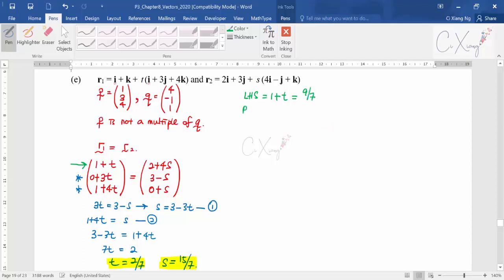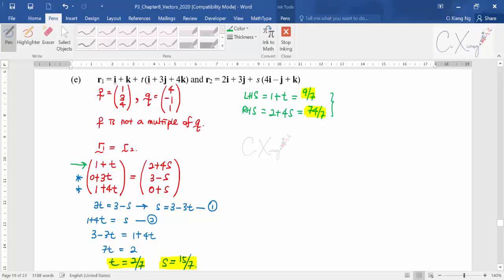For the right hand side, I'm having 2 plus 4S. If I substitute the value S into the equation, I will get 74 over 7. You double check these two values, left hand side and right hand side, are they having the same value or not? They are not having the same value. This is why we call it not consistent.